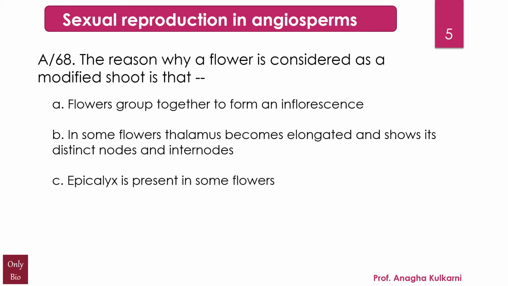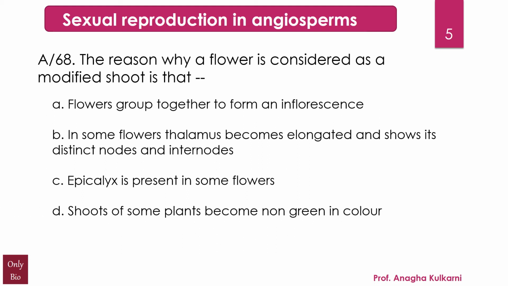C. Epicalyx is present in some flowers. And D. Shoots of some plants become non-green in color. The correct option for this question is quite easy, and the answer is B. That is, in some flowers, thalamus becomes elongated and shows its distinct nodes and internodes.